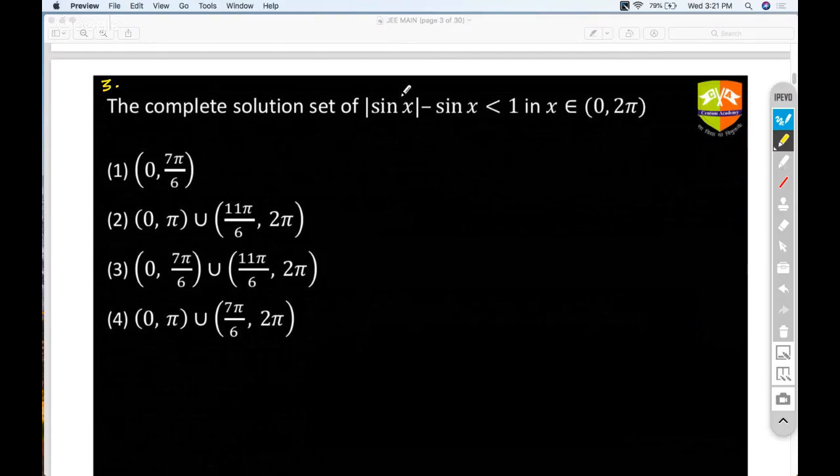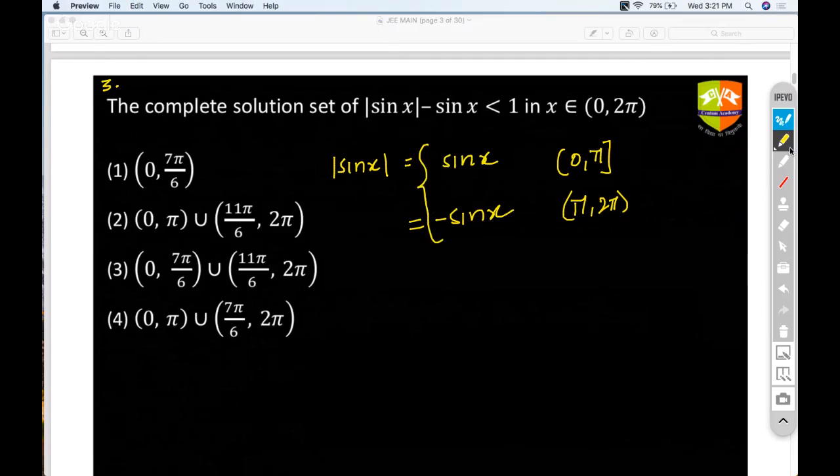All right. So let's discuss this. So we know that in the interval 0 to pi, your mod of sine x is going to behave as sine x itself, right? And from pi onwards, from pi to 2 pi, it will behave as negative of sine x. So this is the definition of mod of sine x.